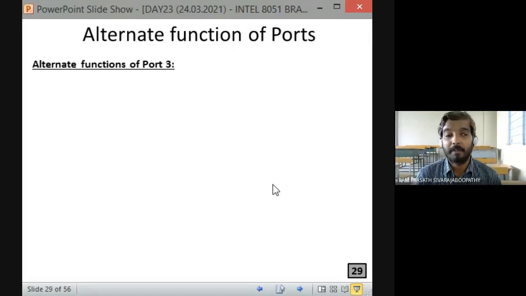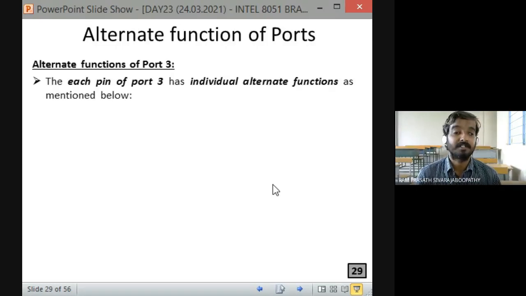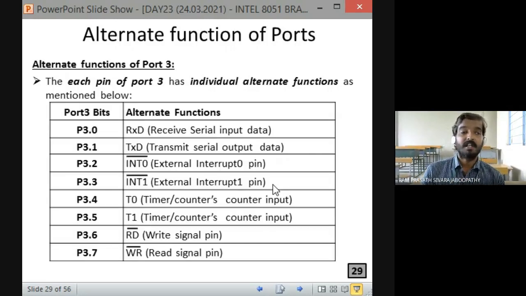Each and every pin of port 3 has an individual alternate function, as mentioned below. Okay, can you take a screenshot? Port 3's 0th pin is used for serial data reception. Port 3's bit 1 is used for TXD, transmission of serial data.